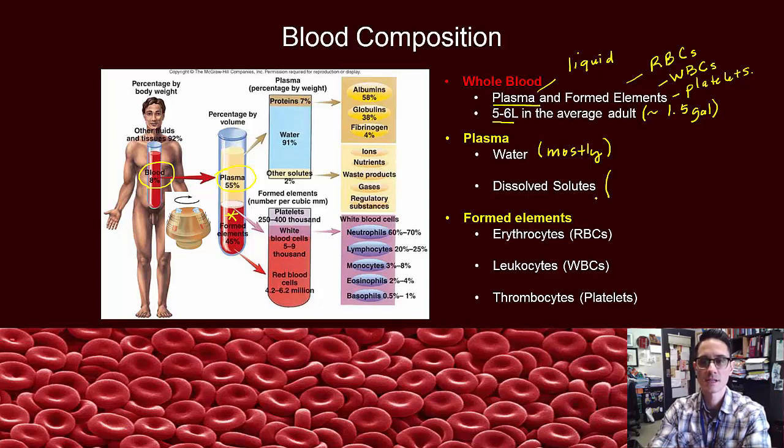Remember, a solute in a solution is this kind of solid component that's dissolved in the liquid. We've got many different dissolved solutes, and as I mentioned, there are over 100 in the blood, and these solutes are being carried by the plasma, which is essentially by the water.